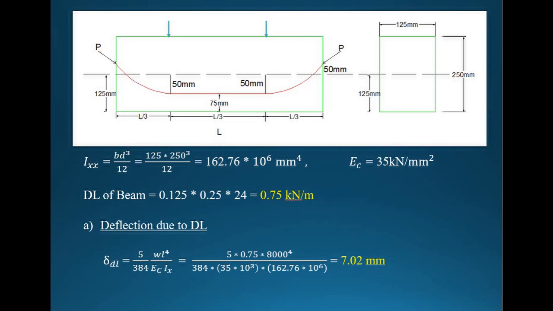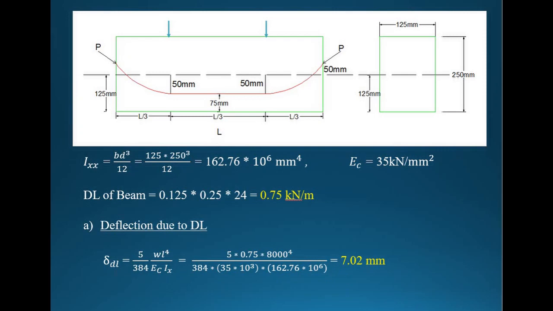So 0.75 into 10 power 3 divided by 10 power 3 is obviously 0.75. So 5 into 0.75 into length 8 meter, converted into mm, 8000 power 4, by 384 into 35 into 10 power 3 into 162.76 into 10 power 6.